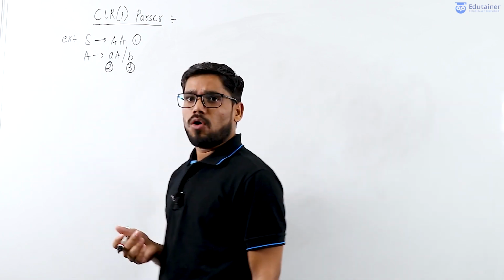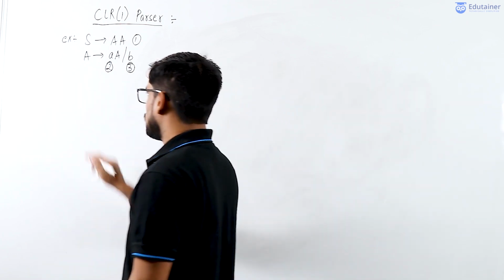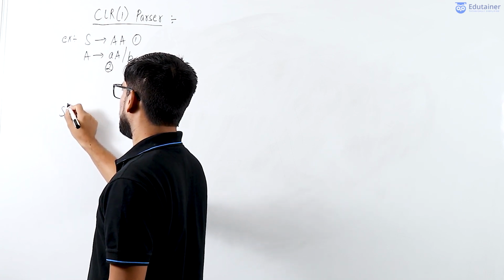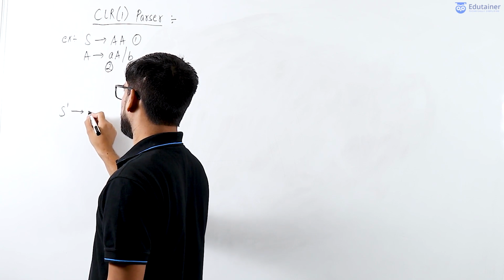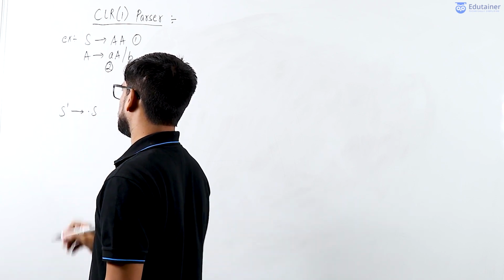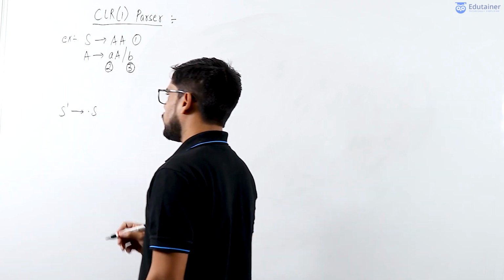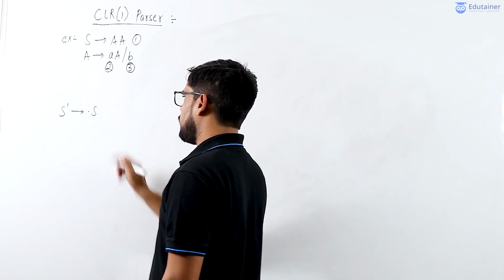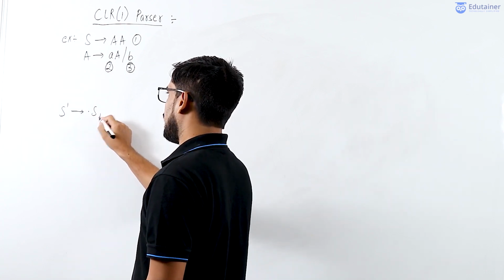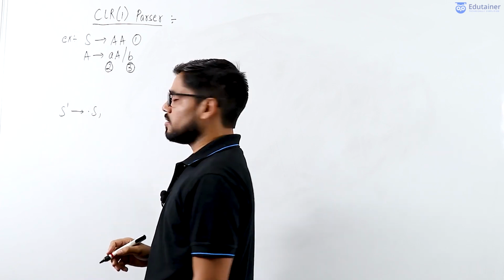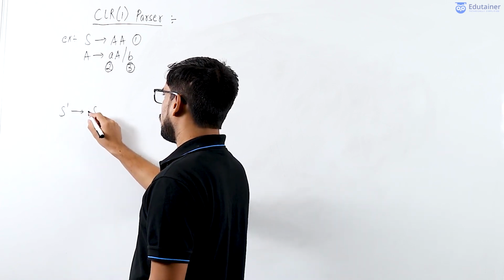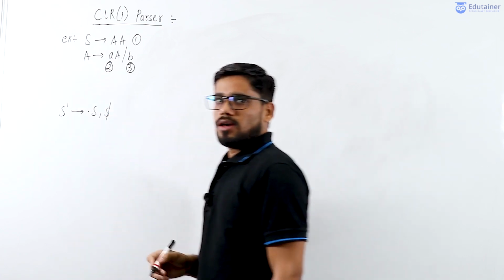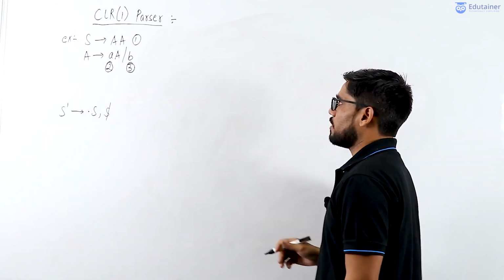I will start with the augmented production. So what is augmented production? Augmented production is S dash derives dot S, and since it is the canonical collection of LR1 items, I have to add the look ahead symbol. The look ahead symbol for an augmented production will be $. I will tell you why dollar is added.